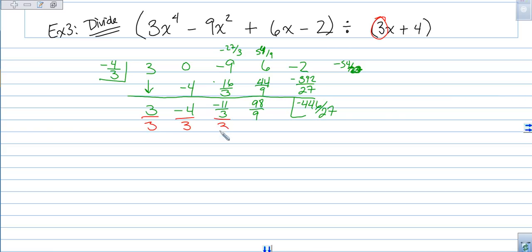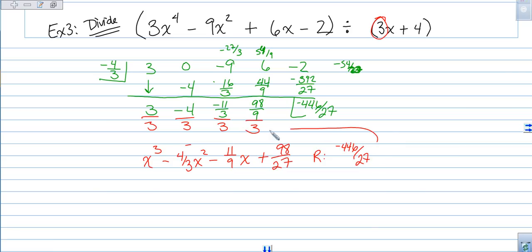Having your calculator, you should end up with x to the third minus 4 over 3 x squared, and then this would be minus 11 over 9x, and then this will be plus 98 over 27, and then you'd have a remainder of negative 446 over 27. I know that got nasty, but you have a calculator that does fractions, and you should have no problems with that.